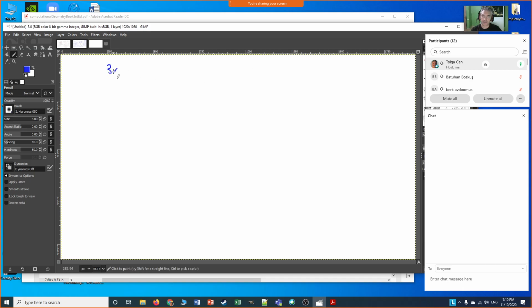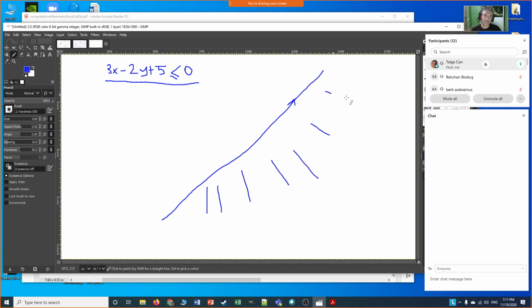For example, we will have constraints like 3x minus 2y plus 5 is less than or equal to 0. Okay? This linear constraint actually describes a line. This is the equality case, when 3x minus 2y plus 5 equals 0, which describes a line. All right. So this describes a line, and less than 0 indicates a certain half plane to a certain side of this line.